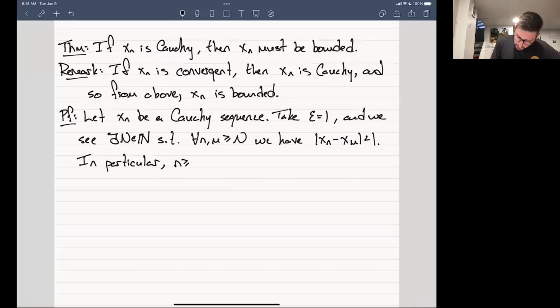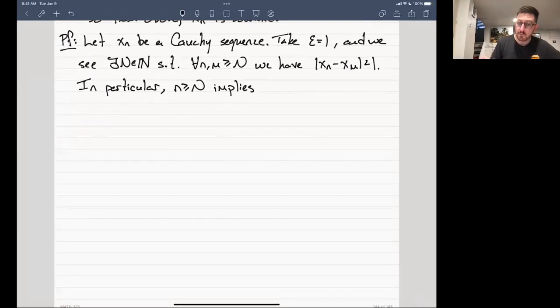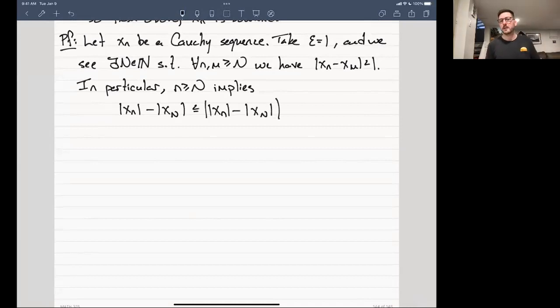if I pick n greater than or equal to capital N, and I fix the value of m to be capital N, I get |xn - xN|. Well, this is just using the definition of absolute values: |xn| - |xN| is less than or equal to |xn - xN|, which is less than 1.